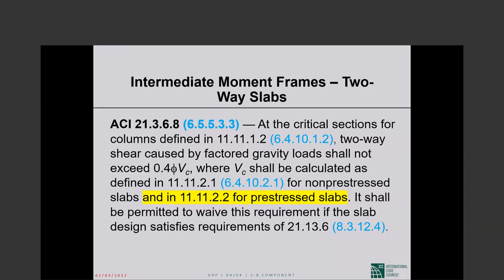That will leave ample room for additional punching shear caused by moment transfer. Okay, I think that should be pretty clear. Phi is 0.75. V sub c is given by three different formulas, and the smallest one governs.